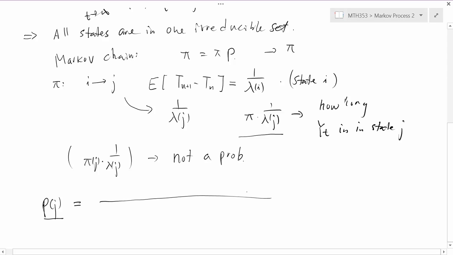You normalize it: you put pi_j divided by lambda_j on top, and then you divide by the sum of it, that's pi_1 divided by lambda_1, and keep going until pi_n divided by lambda_n. Here n is the total number of states.